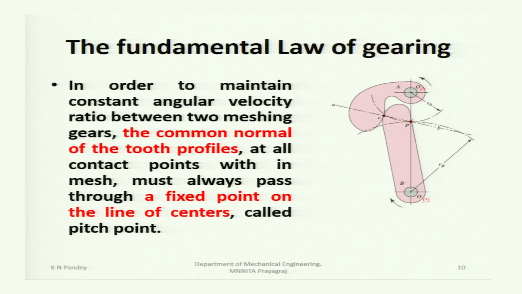So, the fundamental law of gearing says that to obtain a fixed velocity ratio, the common normal at the point of contact must intersect the line of centers at a fixed point. So, if you have a cylinder, then you have to make gear teeth with a profile which should satisfy this law, which is called the fundamental law of gearing.